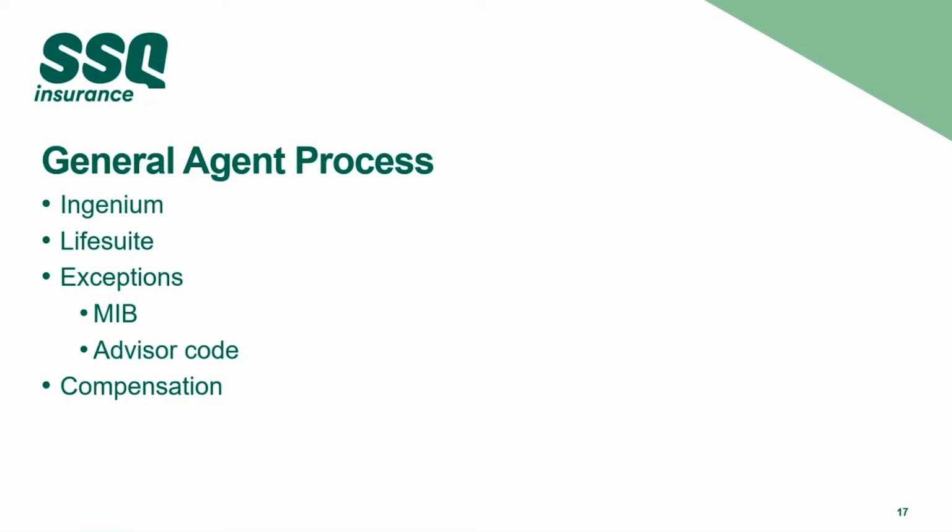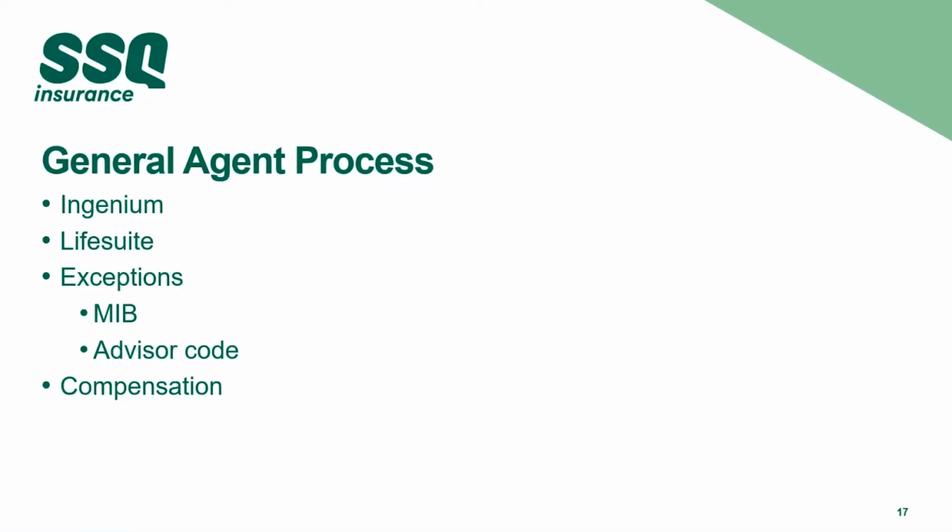I mentioned exceptions in the advisor's process for the very few policies where it won't be issued within the 60 minutes. So if there's an MIB code that would normally be refused and the advisor decides to submit the case in underwriting, the application is investigated by our underwriting team.